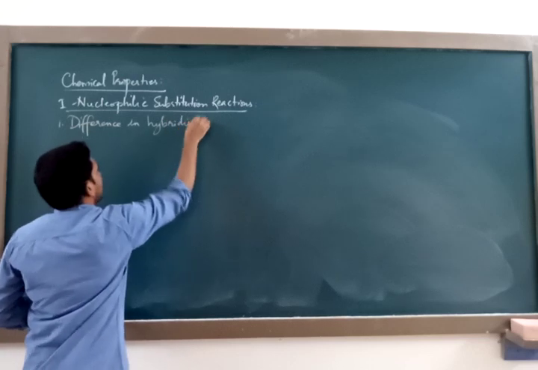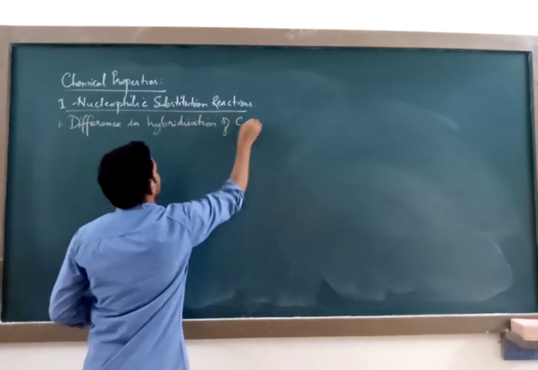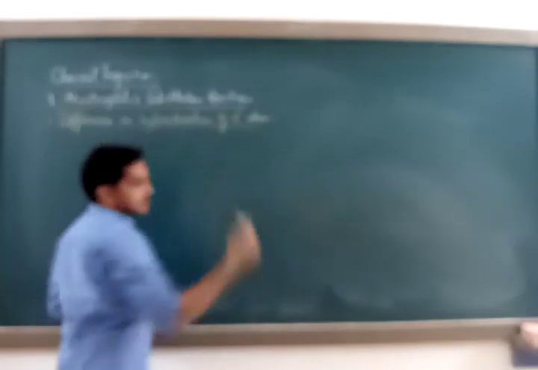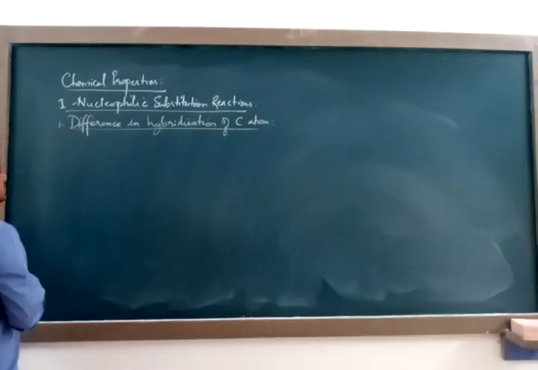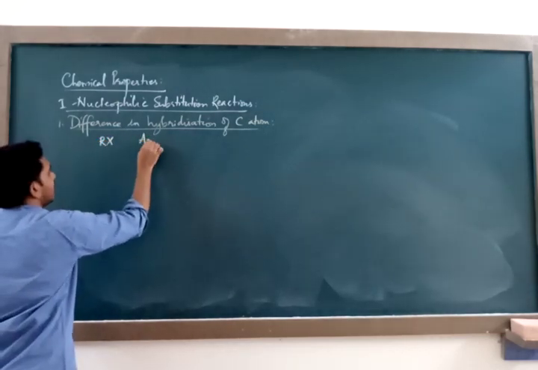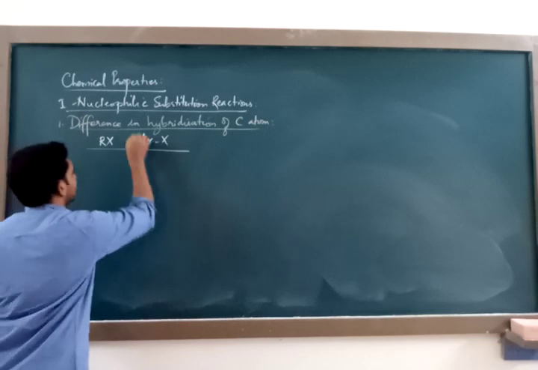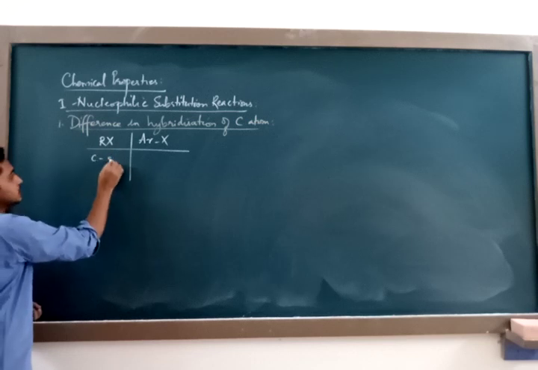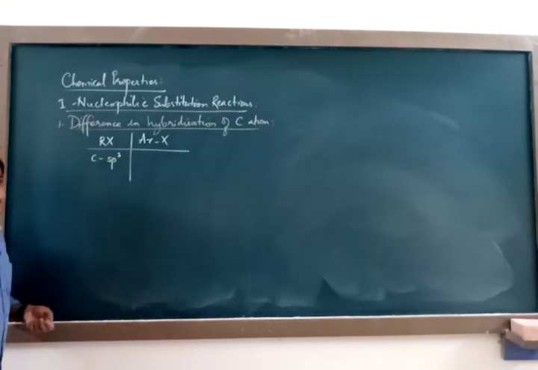Difference in hybridization of carbon atom. Let us study this one. In haloalkanes, the C-X bond carbon atom is sp3 hybridized.